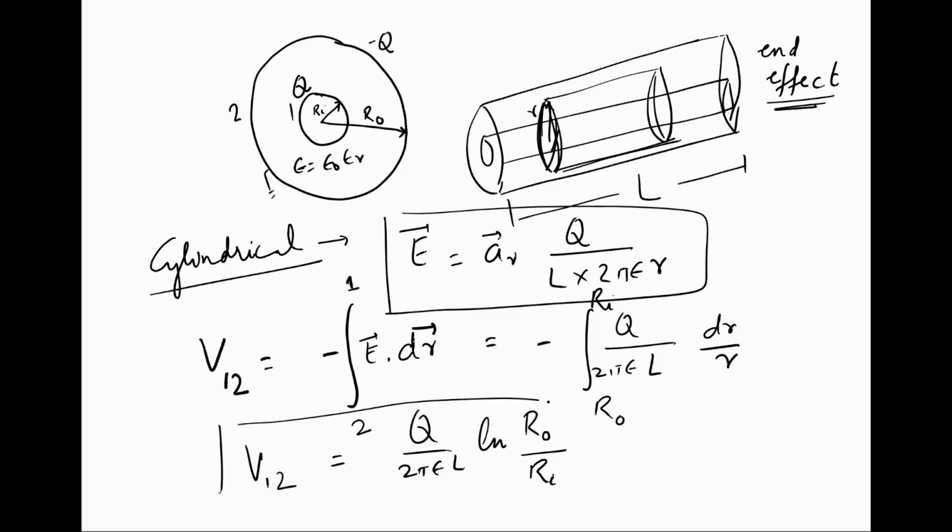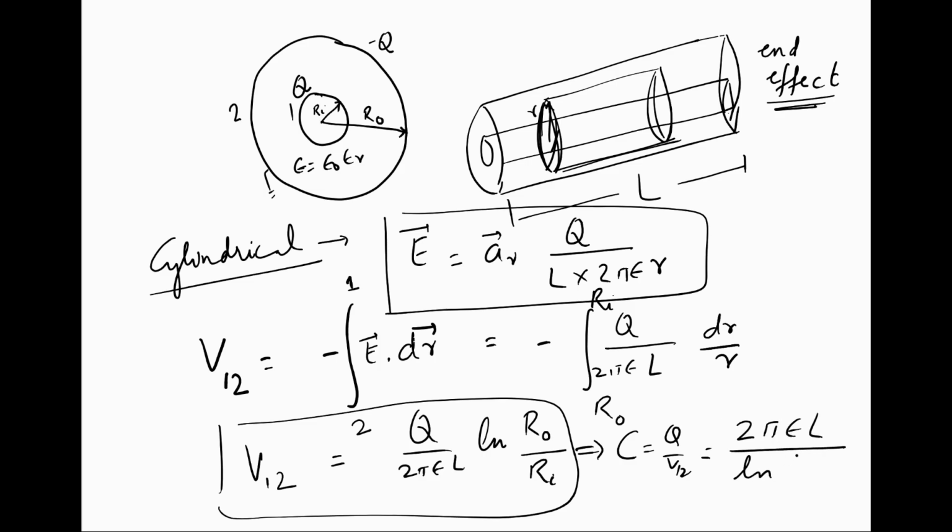So this is the potential difference. So the capacitance of this configuration is q over V12, which is simply now 2 pi epsilon l over natural log b by a. So in this way we can calculate the capacitance of a given simple configuration.